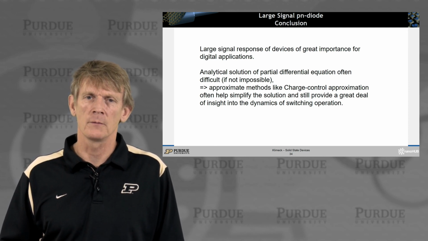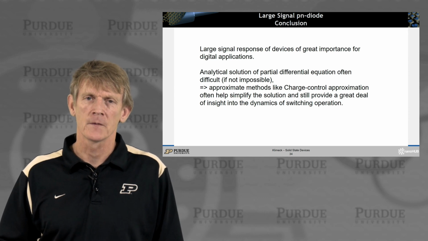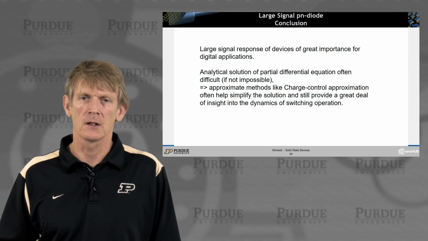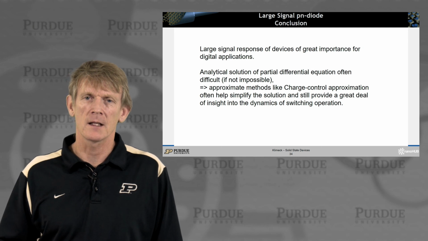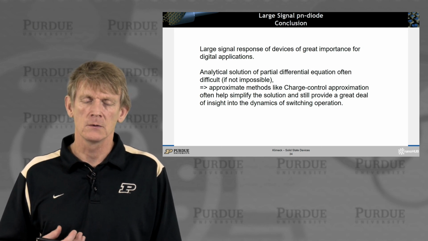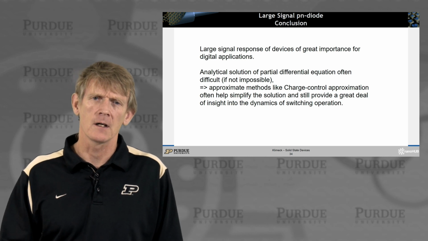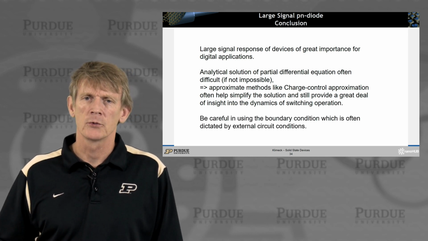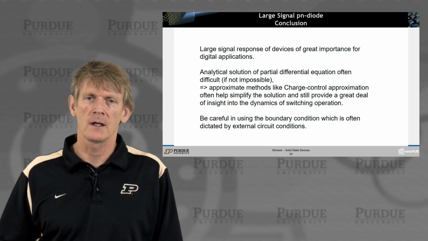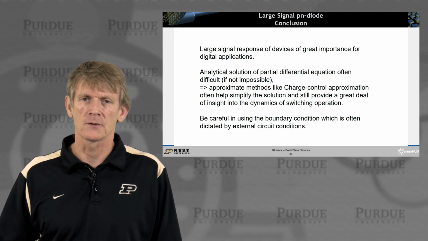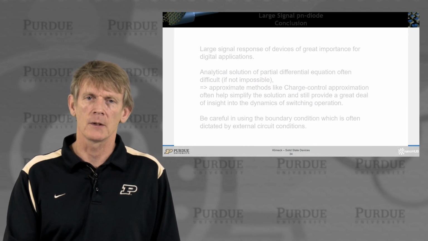That's the charge control model, which lumps things together as an overall charge over a larger region. With that, you can get physical insight into the dynamics of the switching operation. Be careful with the boundary conditions that you apply. They may be dictated by external circuits, so you have to be cautious about it.